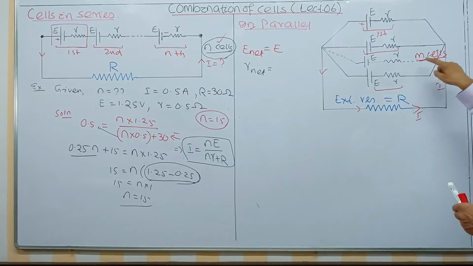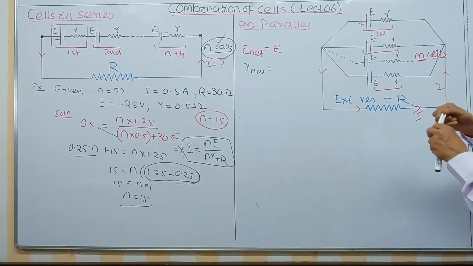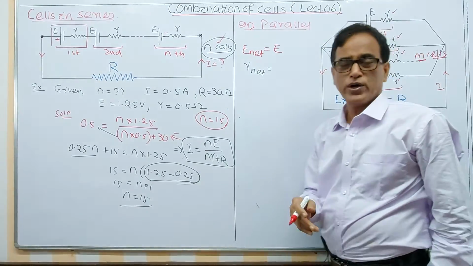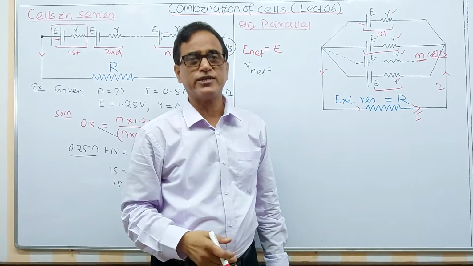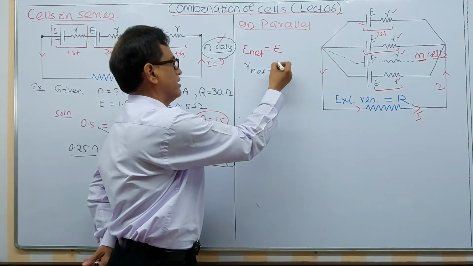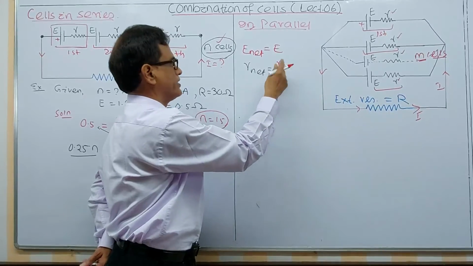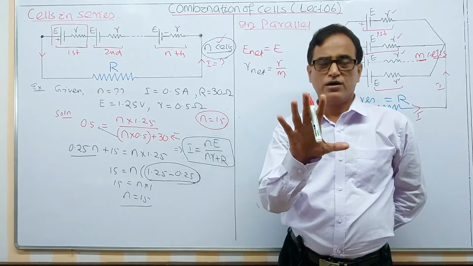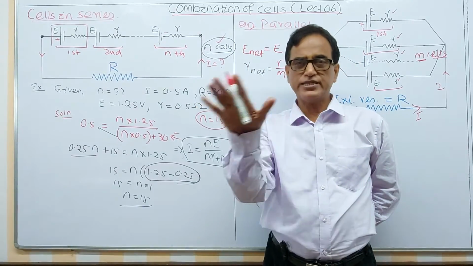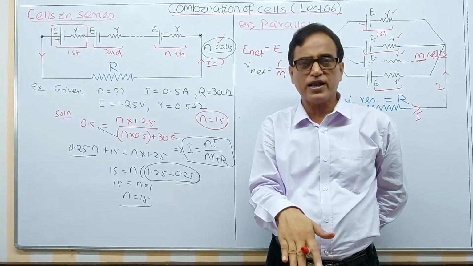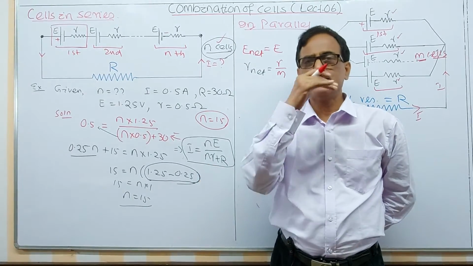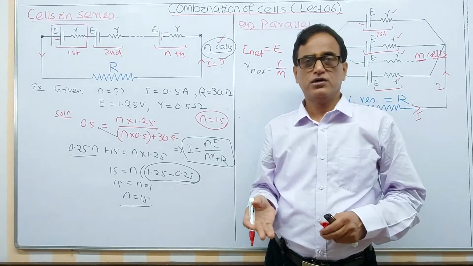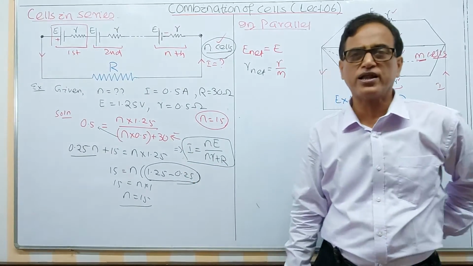Now R net. See, there are how many resistances? This is R, this is R, this is R, R. When a number of equal resistances are connected in parallel, then I think you know the net resistance is R by M. If each resistance is 5 ohm, connected in parallel, the net formula is R by N. It is the opposite of the capacitance formula: the capacitance series formula is what applies to resistance in parallel.